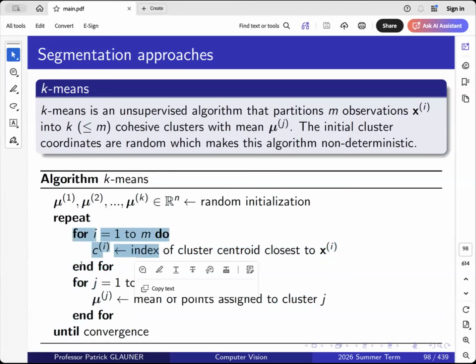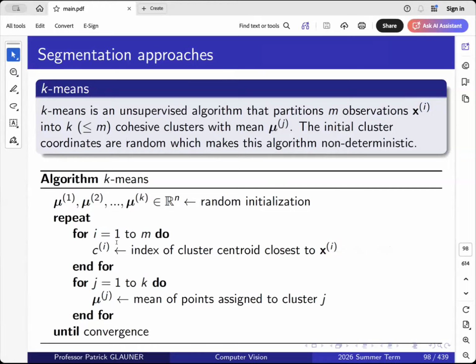The first inner loop calculates an assignment of the closest cluster, or the cluster closest to my example. So I go through all my m examples. Index i, remember, is this one here for the observations.